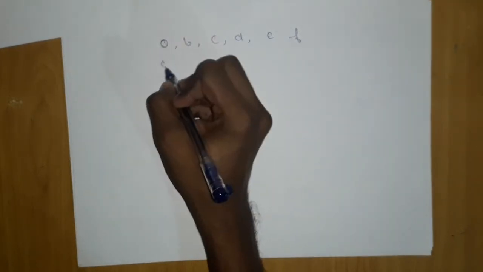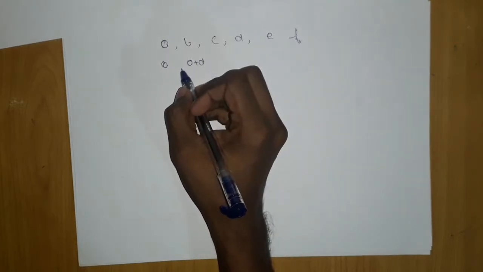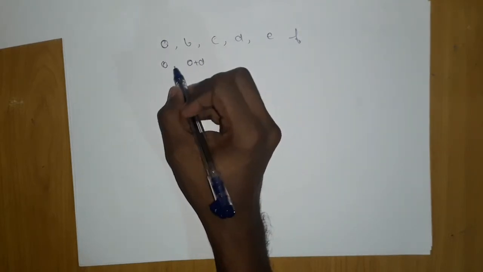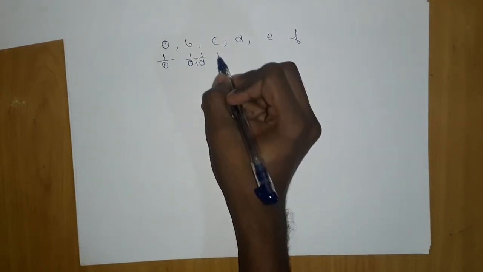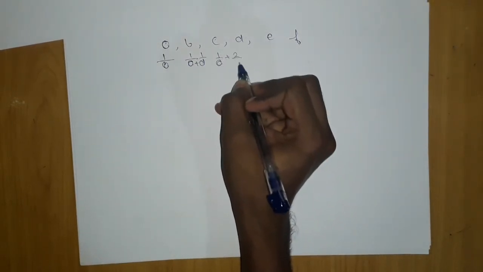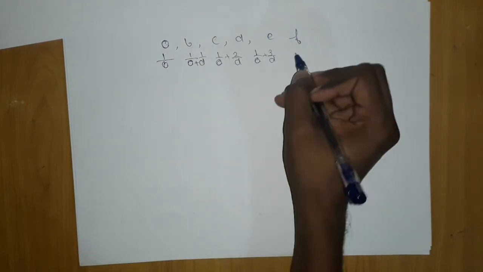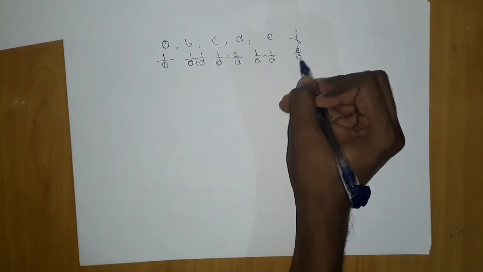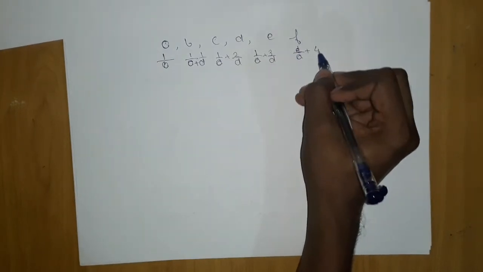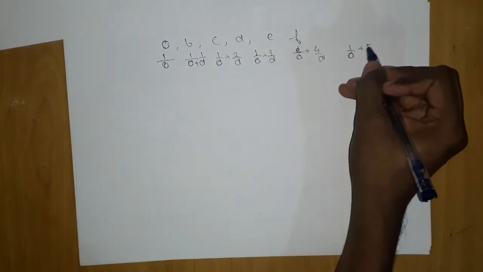I can write this as 1 by A, 1 by A plus D, 1 by A plus 2D, 1 by A plus 3D. Hope you have understood. This I can write as 1 by A plus 4D, and this as 1 by A plus 5D.